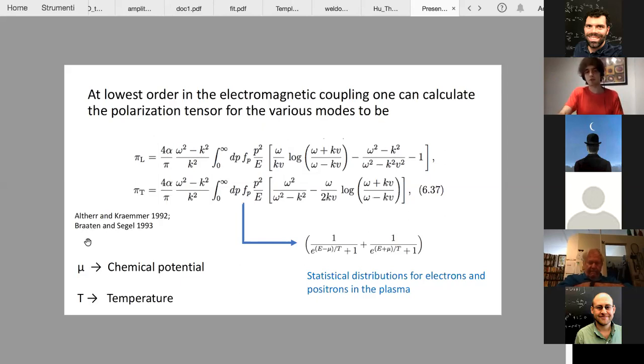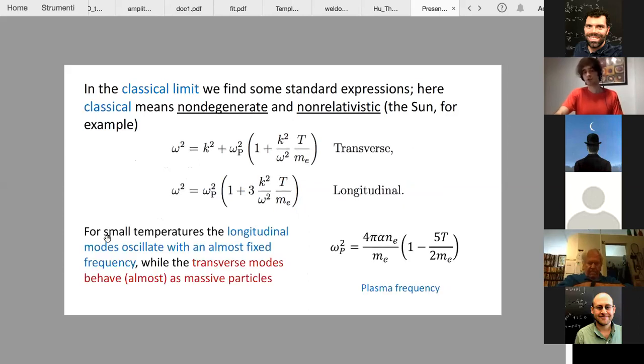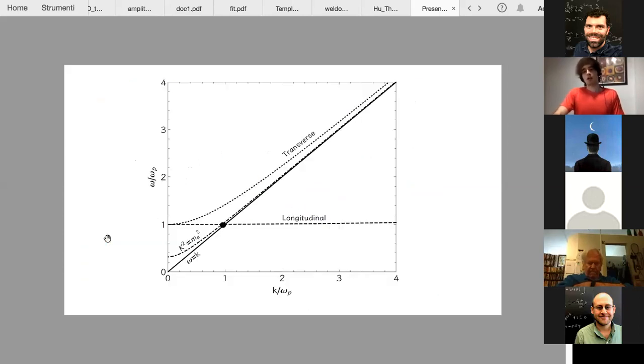The paper in the book by Georg, and also this paper by Bratton and Siegel, discuss different limits, for example, what you find in the degenerate limit, in the relativistic limit, and in the classical limit. In this case, it's very simple, essentially just the density of the electron at the end of the day. And then the mass and the coupling constant, of course, of the QED, but that is always there because you are doing forward scattering with just QED.